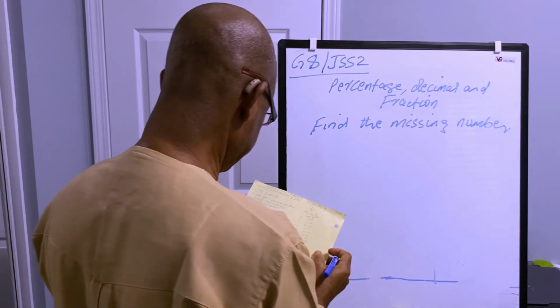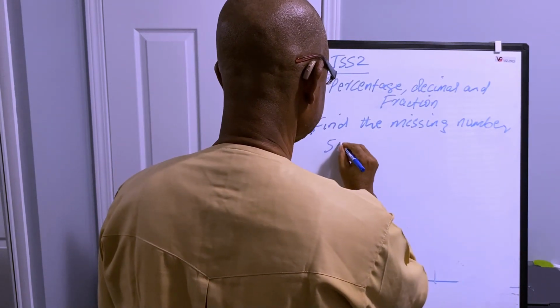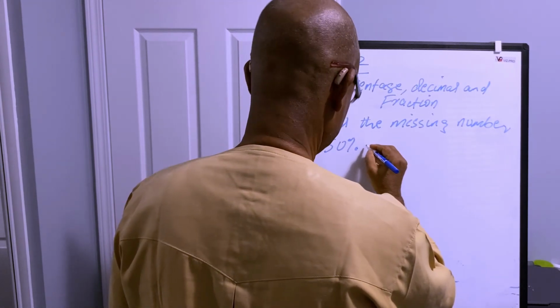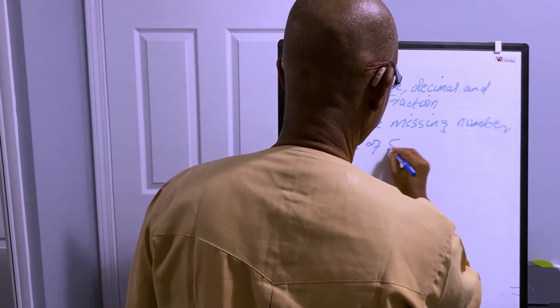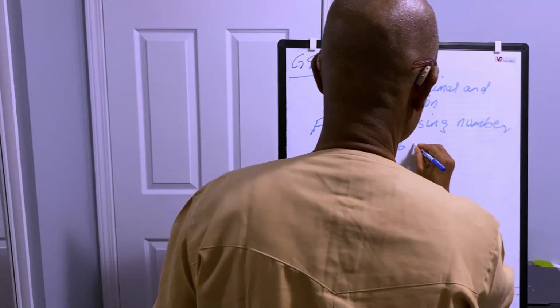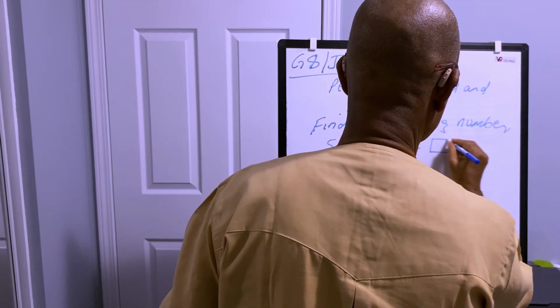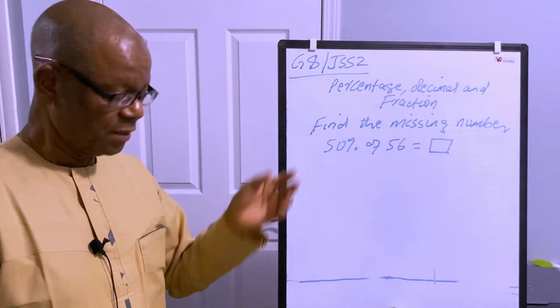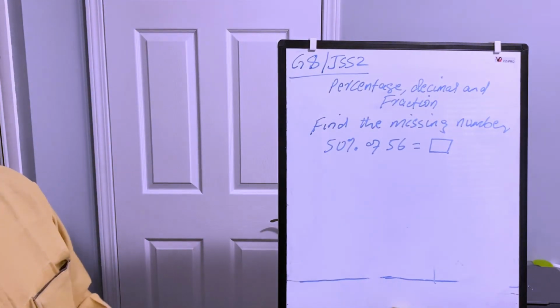We will have 50% of 56 is equal to box. The value of that box is what is missing, the 50% of that.